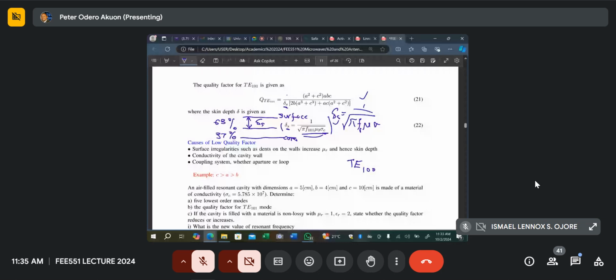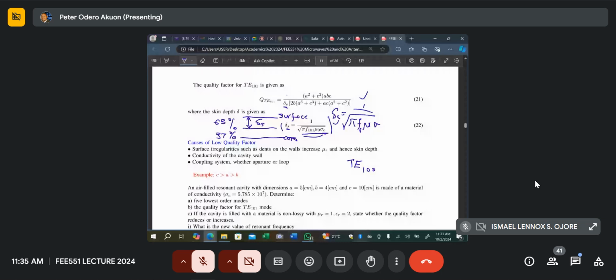So let's have an example where you have C more than B and more than A in that order. This is airfilled, so you have to take note when we say airfilled, and maybe filled with some material inside the cavity. So an airfilled resonant cavity has dimensions A, B, C, which are 5, 4, 10, and is made of a material of given conductivity. You're supposed to determine the five lowest order modes.